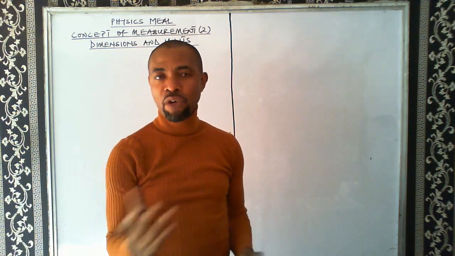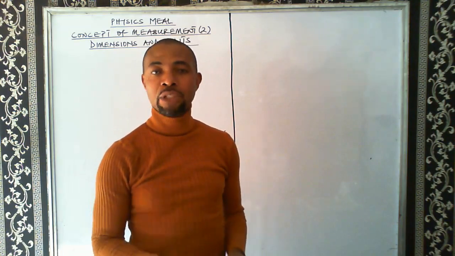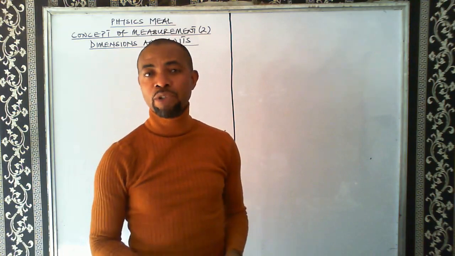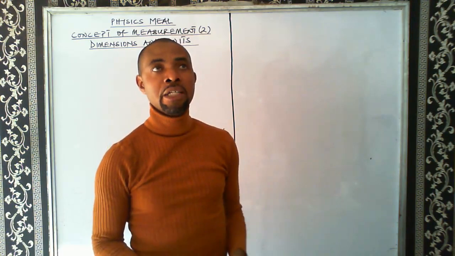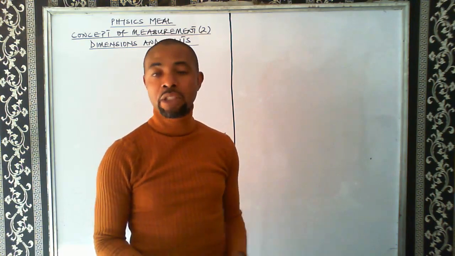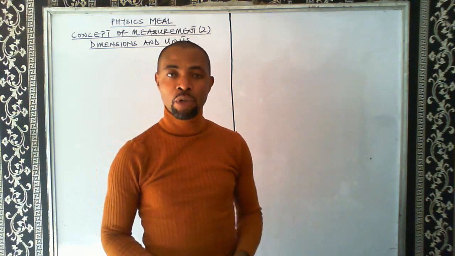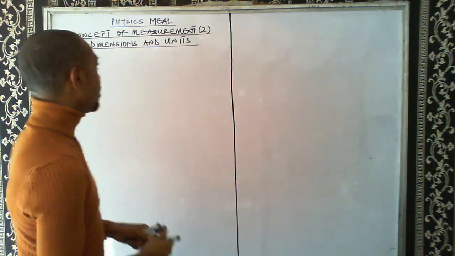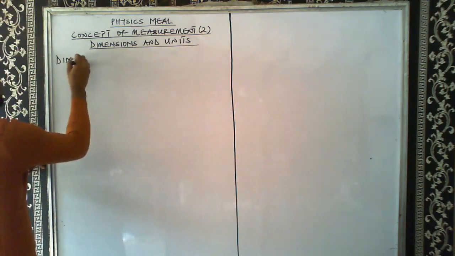We say we have 7 of them that are fundamental, talking about mass, length, time, temperature, electric current, amount of substance, and luminous intensity. Then we also say that the rest of the quantities that are not among these 7 fundamental quantities are all derived quantities. Okay, so let's look at the concept of dimension today, and then the concept of units.